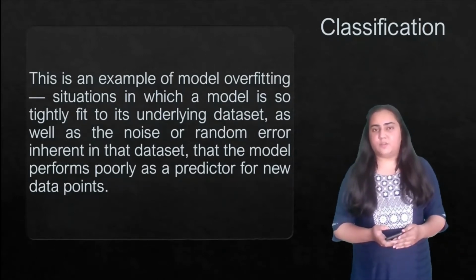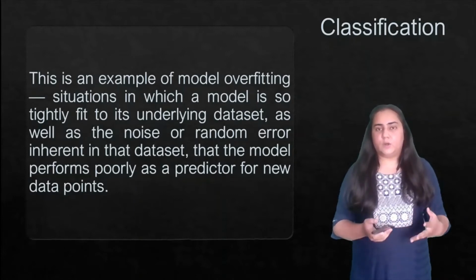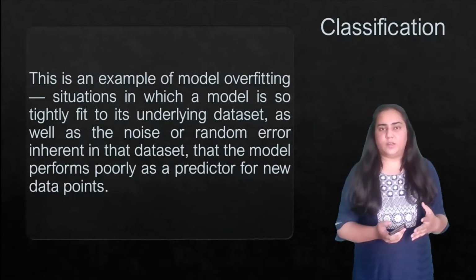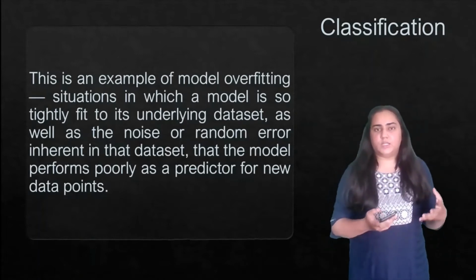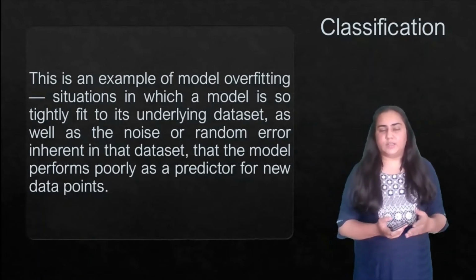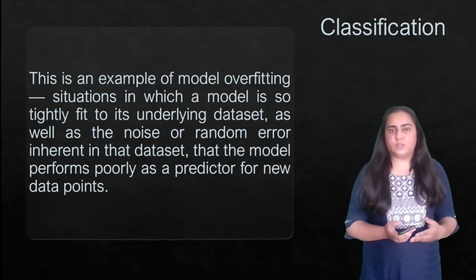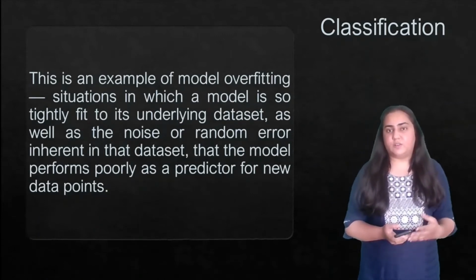Overfitting is caused when the model is so overly tight on its dataset that when you provide some new data point, it ends up predicting the wrong value.